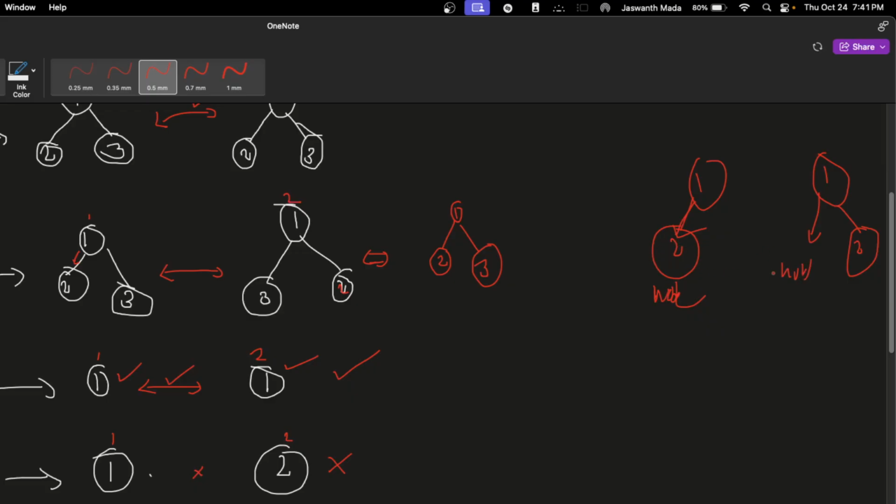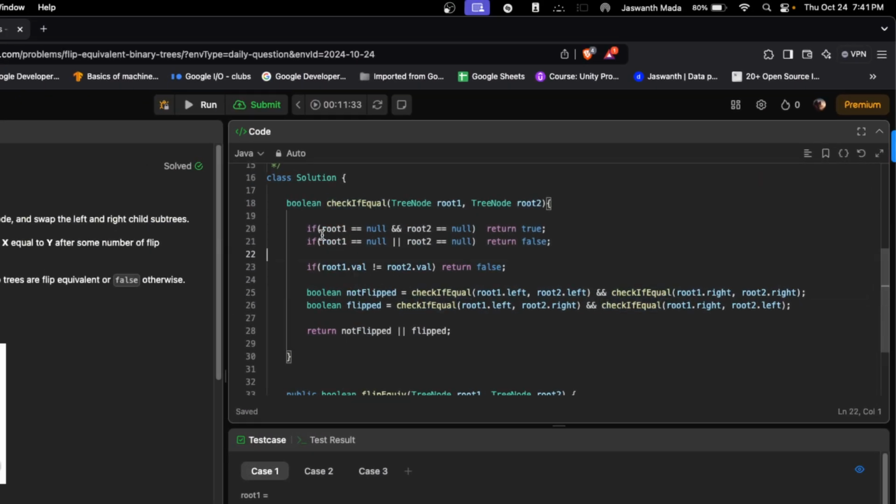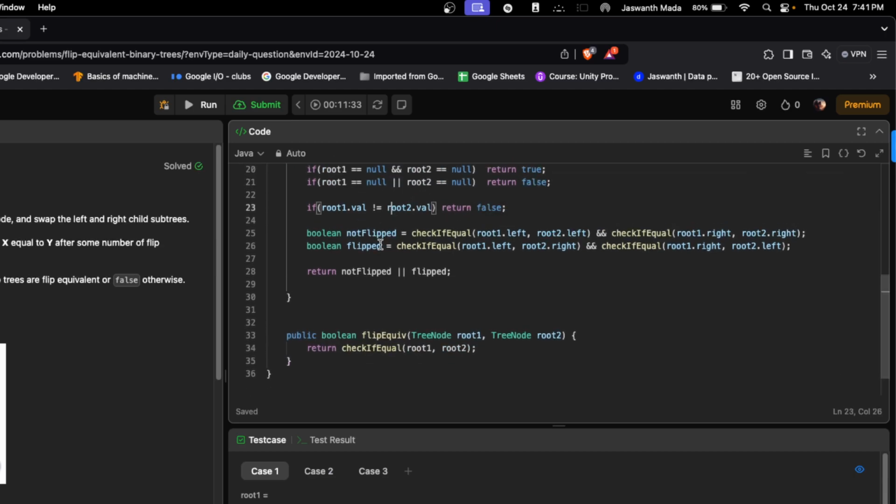Is this node equal to null? It's not, right? So I'm returning false over here. I'm checking if either both nodes should be null or not. One of them should not be null. So that's why I'm returning false over here.